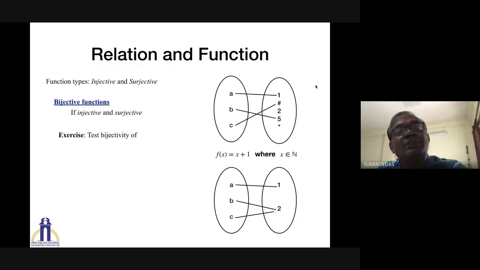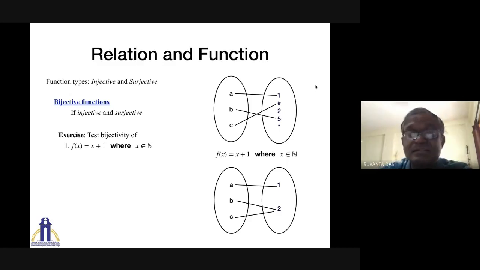Exercise. I'm giving an exercise here. Test the bijectivity of f(x) equal to x plus 1, where x is in N. See, I have already said that f(x) equal to x plus 1 is an injective function. So here you have to test whether it is surjective or not. If it is surjective, then it will be bijective, otherwise not.